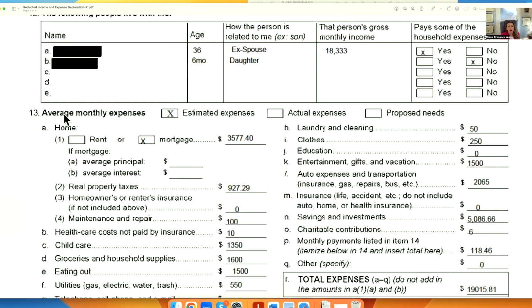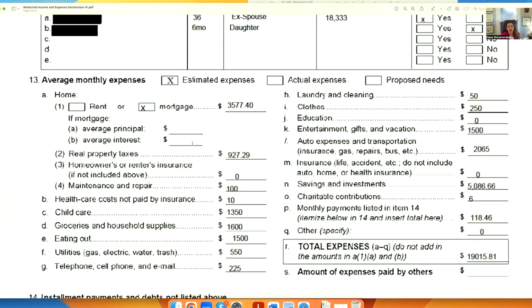I usually check off at number 13 estimated expenses because it's usually easier to round it up instead of looking at the bank statements to see if it's on average exactly this number. So mortgage, real estate, real property taxes, maintenance and repair for the real estate, healthcare costs not paid by insurance, so out of pocket.